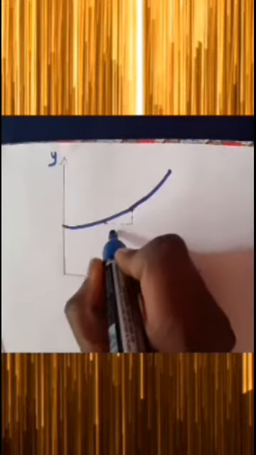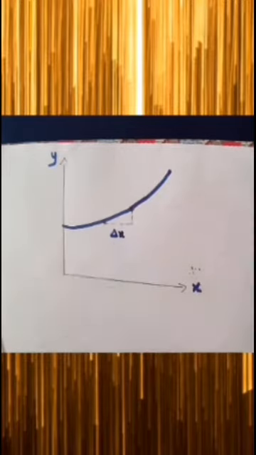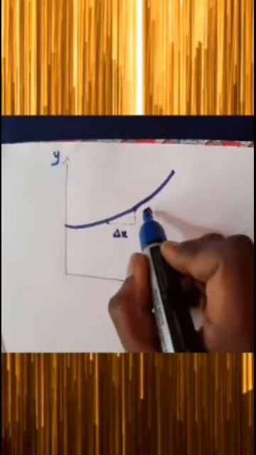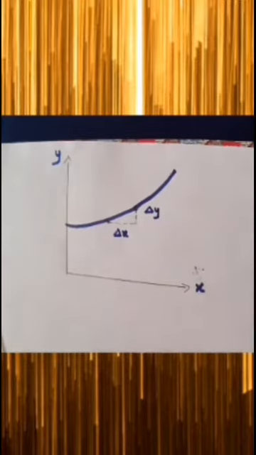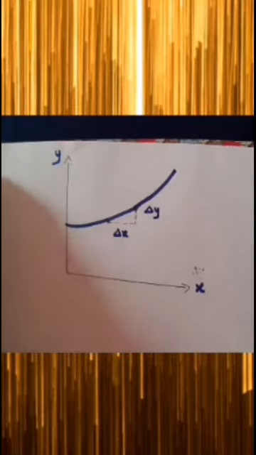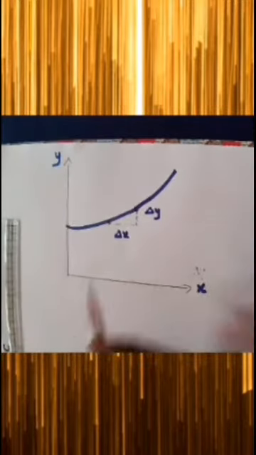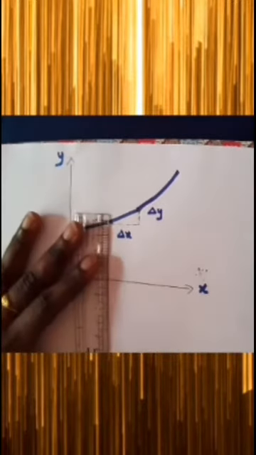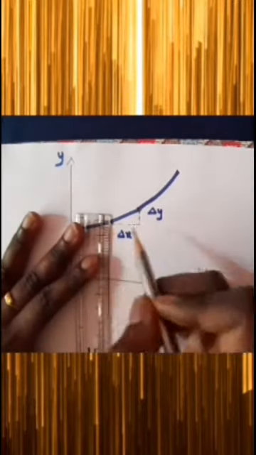This is your change in x variable, I'll write it as delta x. And this is the change in the y variable, I will write as delta y. We can even write dy, nothing wrong in it. Now, in order to find the slope at this point, I should know the length of this.